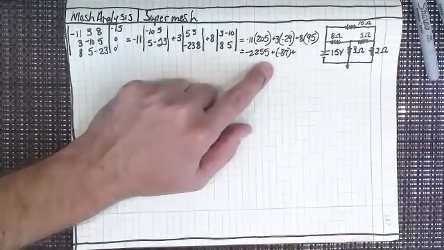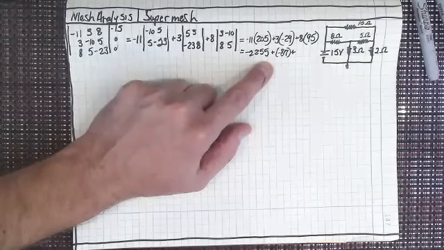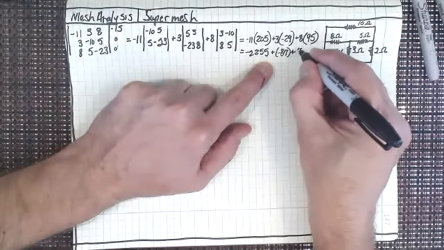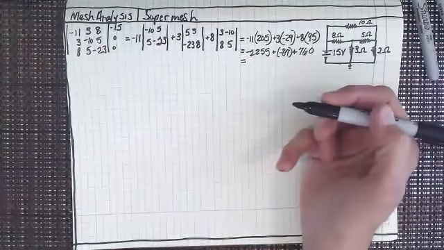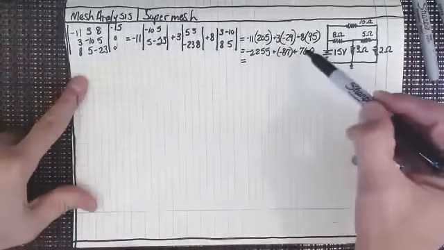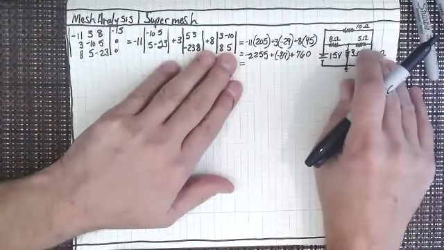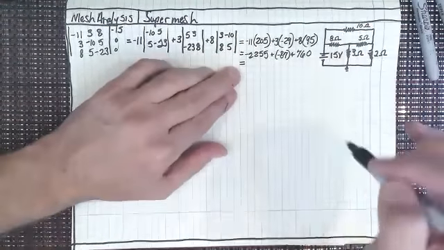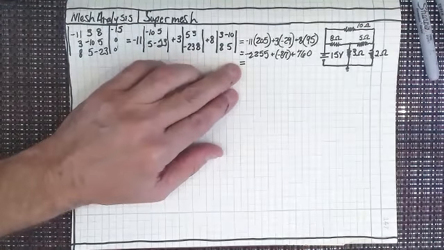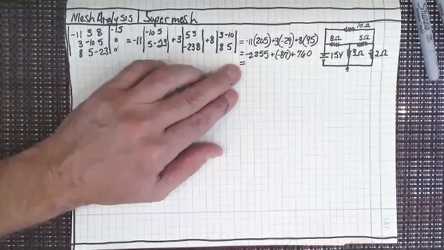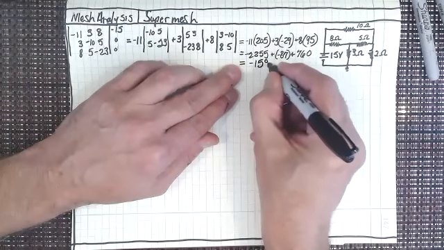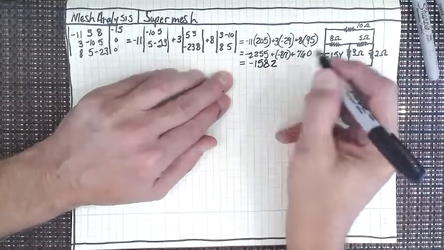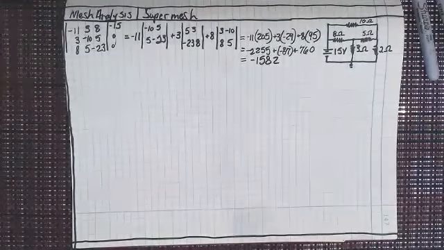So 8 times 95, that gives me 760. So you can see that this matrix that's going to be in the denominator of all three of our solution fractions is going to be 760 minus 87 minus 2255 gives me minus 1582. All right, that's the denominator of all of our things.